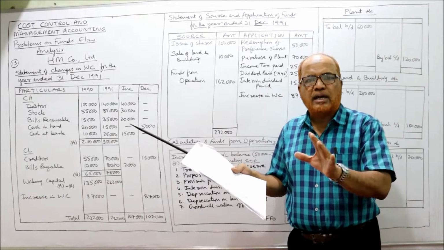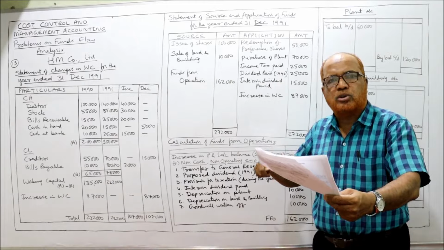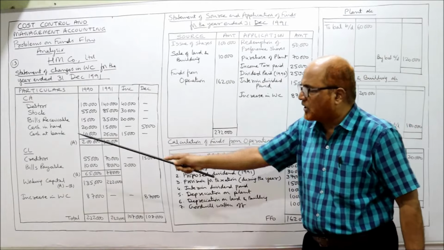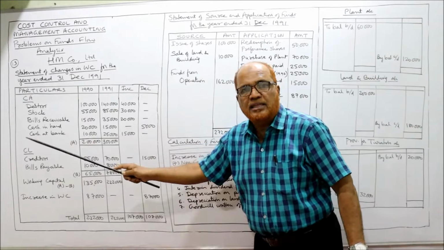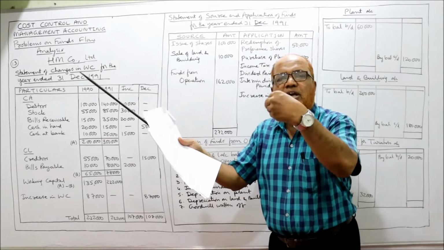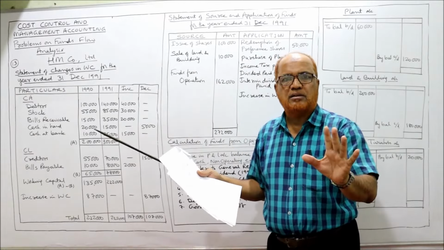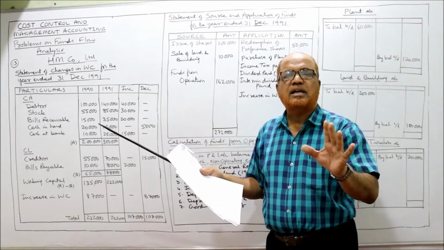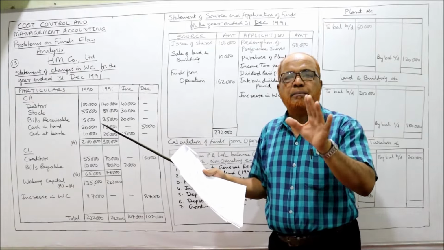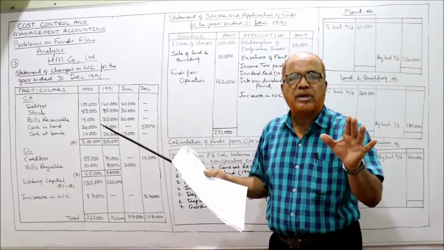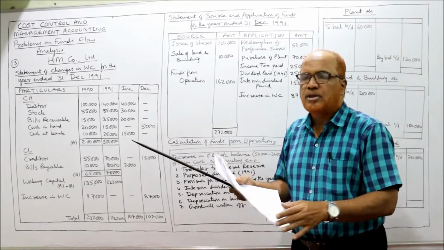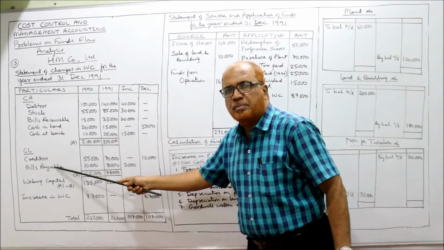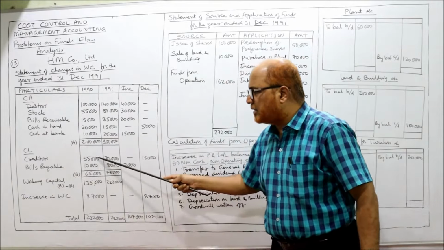So if you want to take it as a current liability, take both, proposed dividend and provision for taxation here. In that case, whatever adjustments are given, ignore it. Then you are right. But I am not treating it as a current liability. I am treating it as an appropriation of profit. So here only creditors, bills payable, these two current liabilities I am taking.